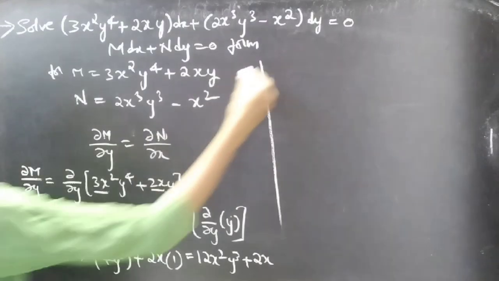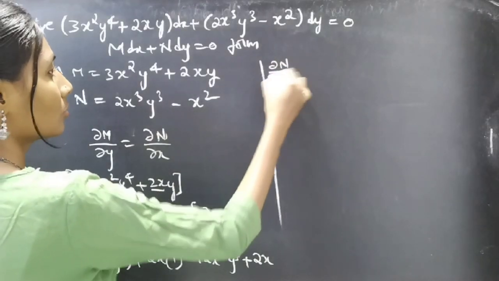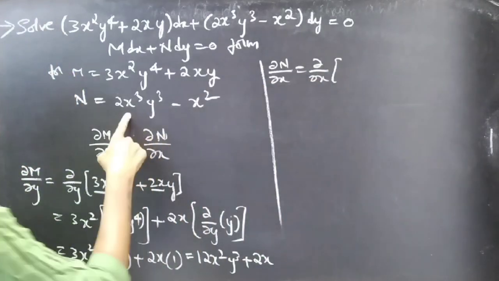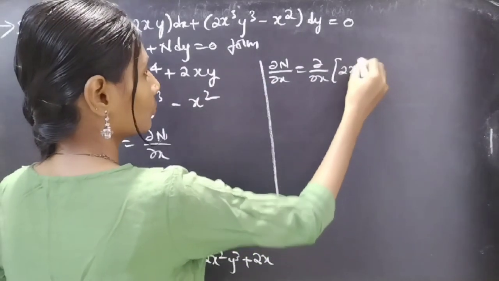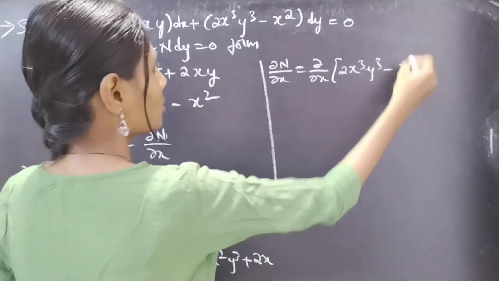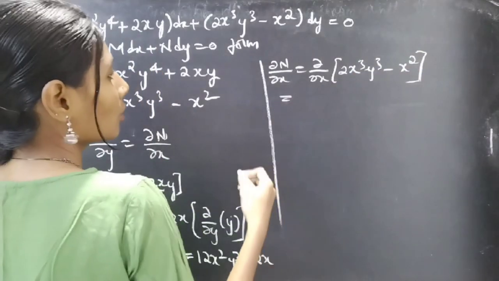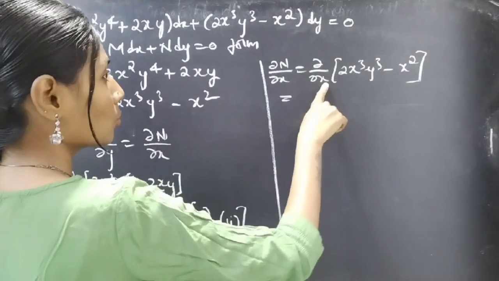Let's now find the partial derivative of N with respect to x. For N = 2x³y³ − x², right? Here we need to find the partial derivative with respect to x, so we'll treat y as constant.